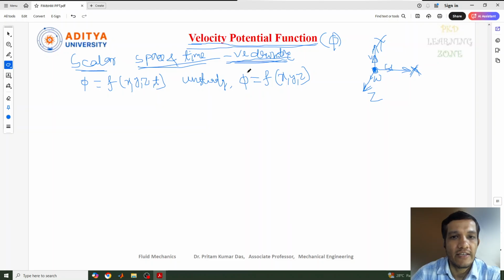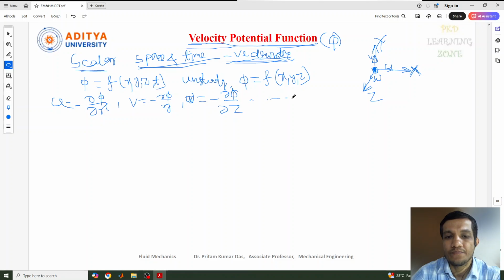As per the definition, the velocity is the negative derivative of this velocity potential function. So the velocity in the x direction, I can write u equal to minus del phi with respect to del x. Similarly, v equal to minus del phi with respect to del y, and w equal to minus del phi with respect to del z.